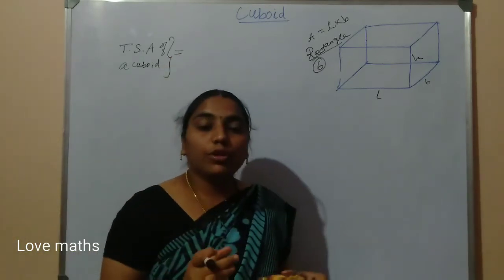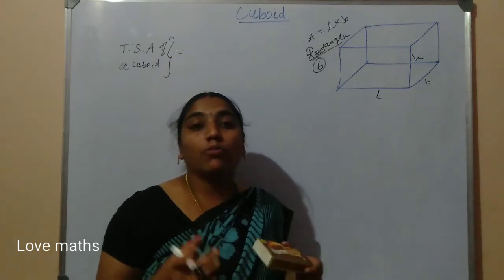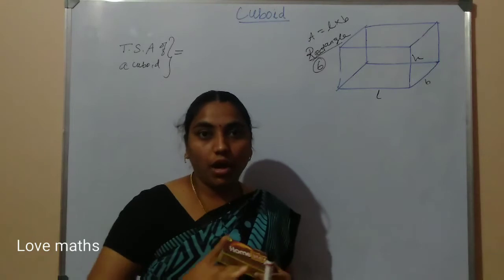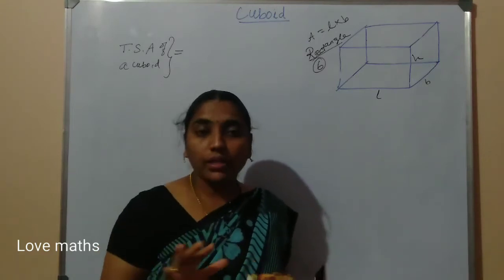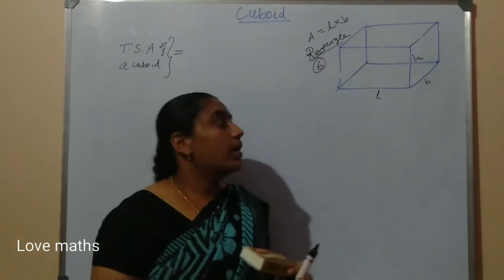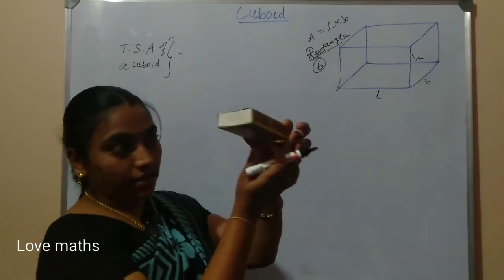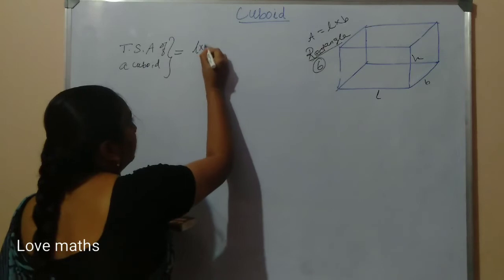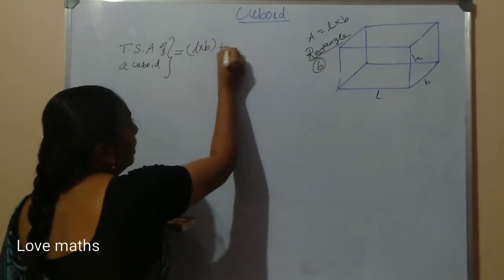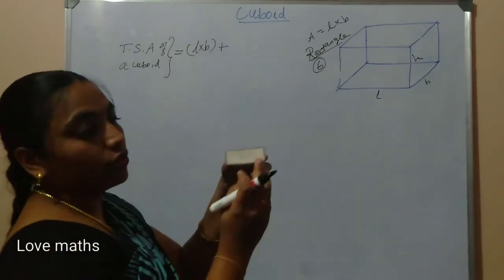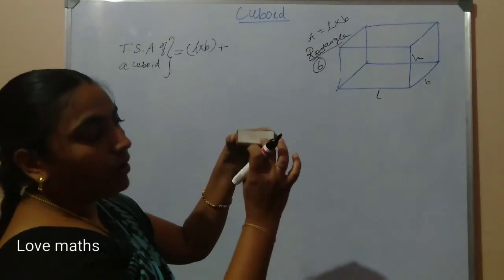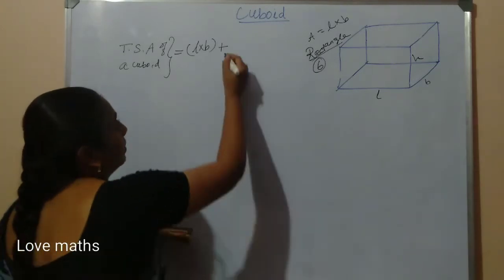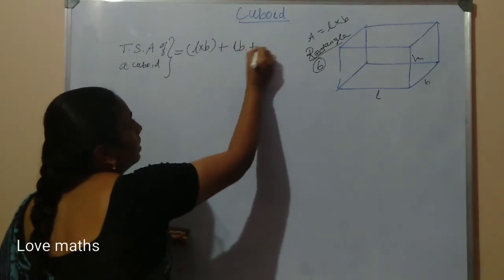I told you, for a cuboid, think about your room: all the 4 walls and top and bottom. So the first base, with this length and breadth, is L into B. Plus, this side also, length and breadth, so again one LB.